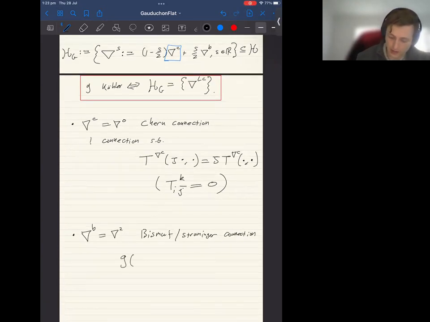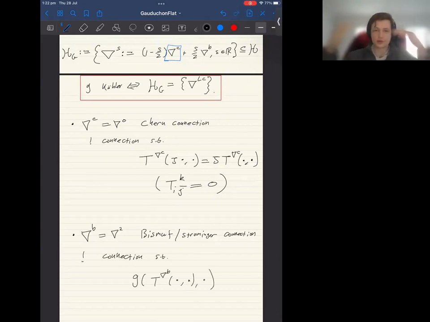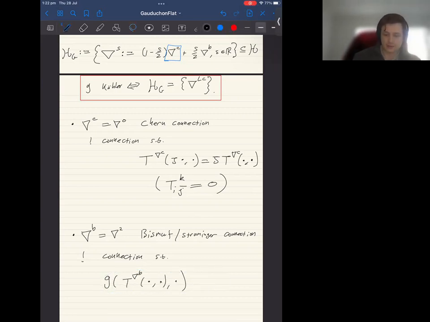This is characterized as the unique connection such that its torsion T, when we contract, so we bring down an index, and we have this 3-tensor, we ask this to be a 3-form.